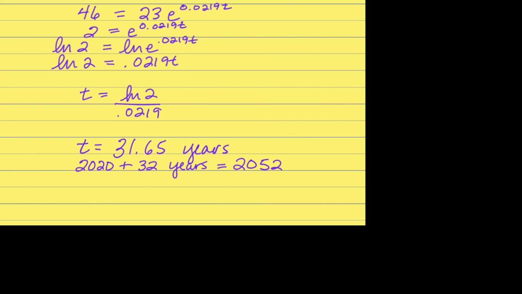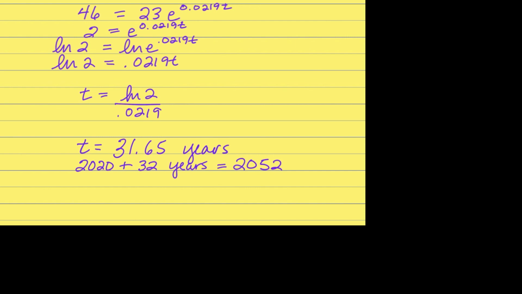So now we have a number equals e to an exponent. We need to get that t out of the exponent. To do that, to get a variable out from inside of a function, we apply the inverse function. So we apply natural log to both sides of this equation. We get natural log 2 equals, and the natural log and the e, those are inverse functions, so they undo each other, and we're just left with the exponent.